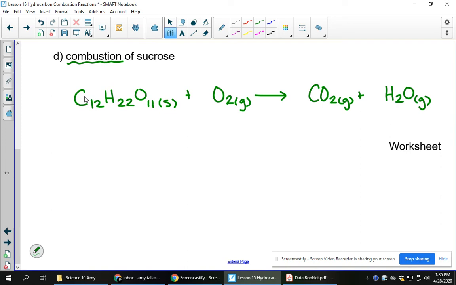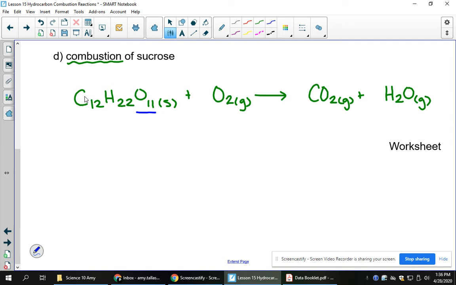Now, this one probably looks a little bit different to you because the first thing has an oxygen in it. We've never seen that before in this set of notes, but you can still do this. We can still balance the carbons, hydrogens, and oxygens on either side, but this one probably won't have that odd even problem because there's 11 oxygens on the left-hand side. That's an odd number.